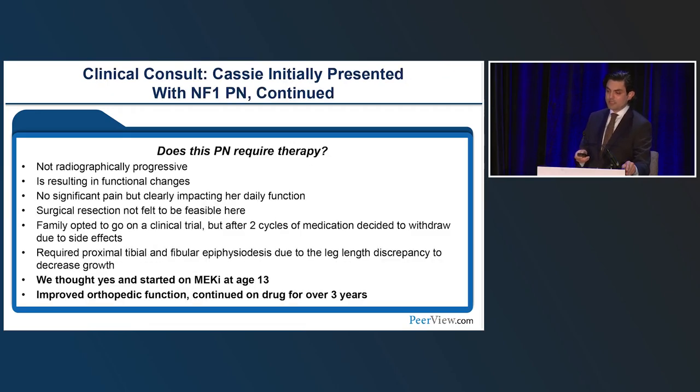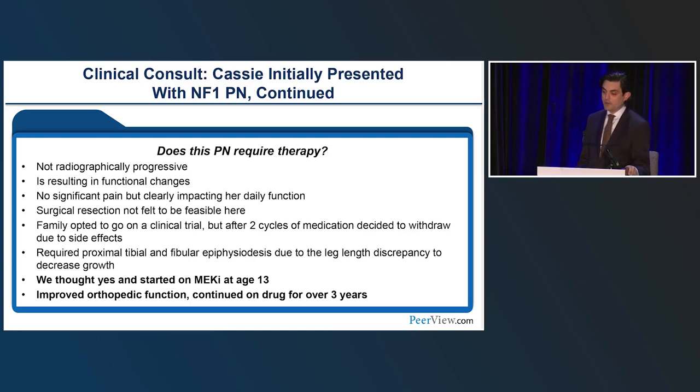So does this plexiform require therapy or not? There hasn't been much of a radiographic progression, but there is some loss of functionality here. No significant pain, but clearly impacting her daily activities. And surgical resection was not deemed feasible due to the large extent of this plexiform neurofibroma that was affecting a good portion of her leg.